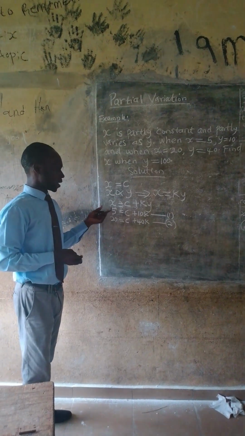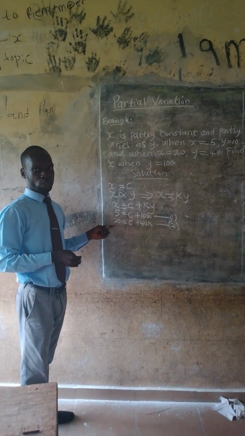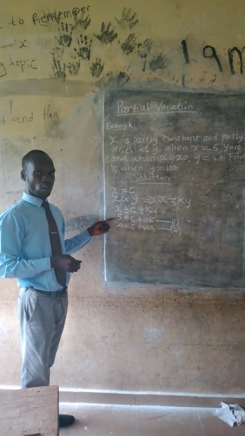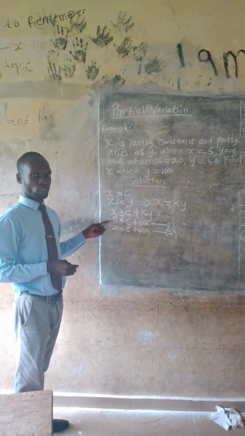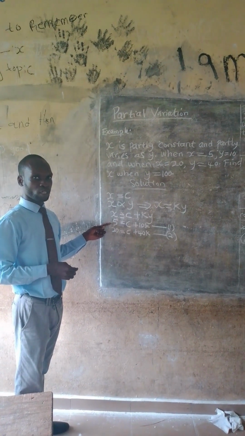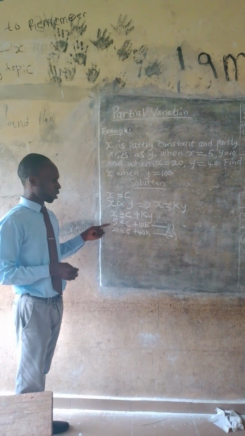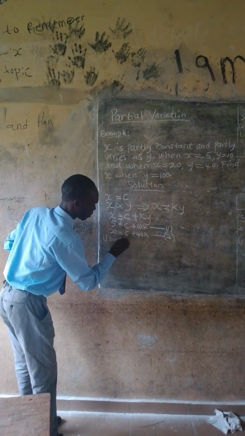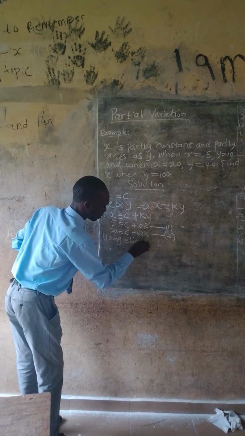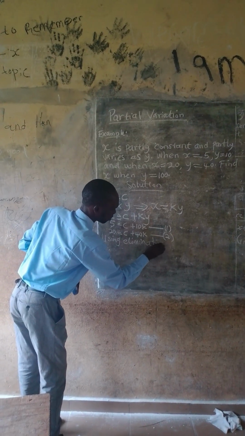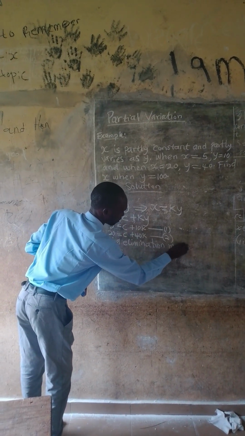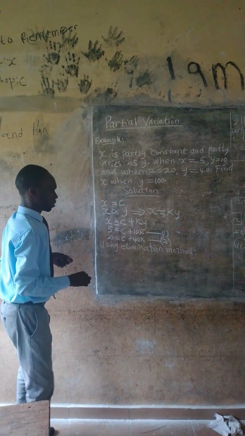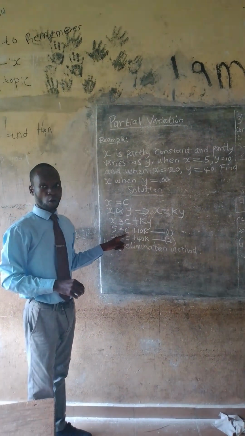Now, these are two systems of equations, so we can solve it simultaneously. We have two methods of solving simultaneous equation: substitution and elimination. I want to use elimination. Using elimination method, we will have to eliminate one of the unknowns.